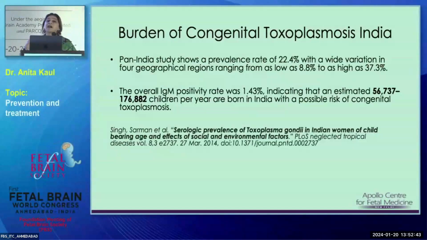But we are stuck again, not knowing what is our burden. So if one looks at the epidemiological data, it seems that we have about 50,000 to about 1.5 lakh babies being born every year with toxo in our country.